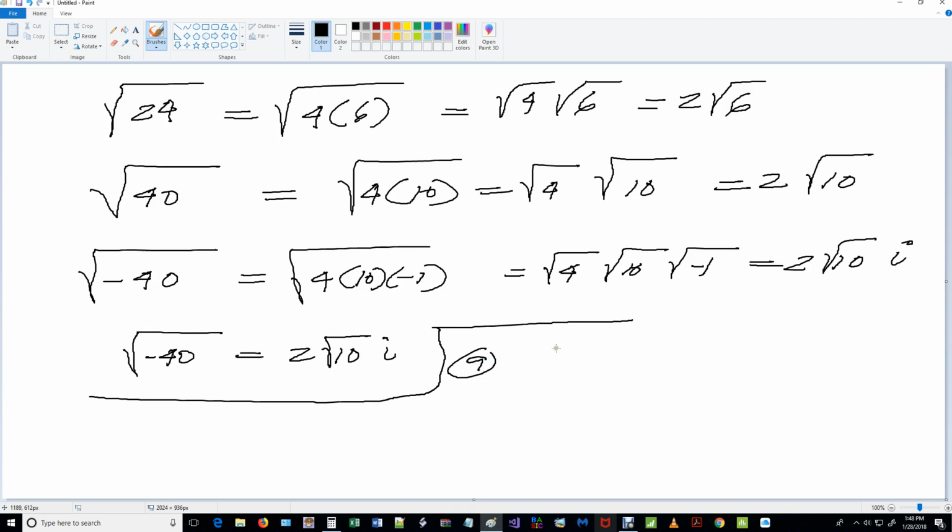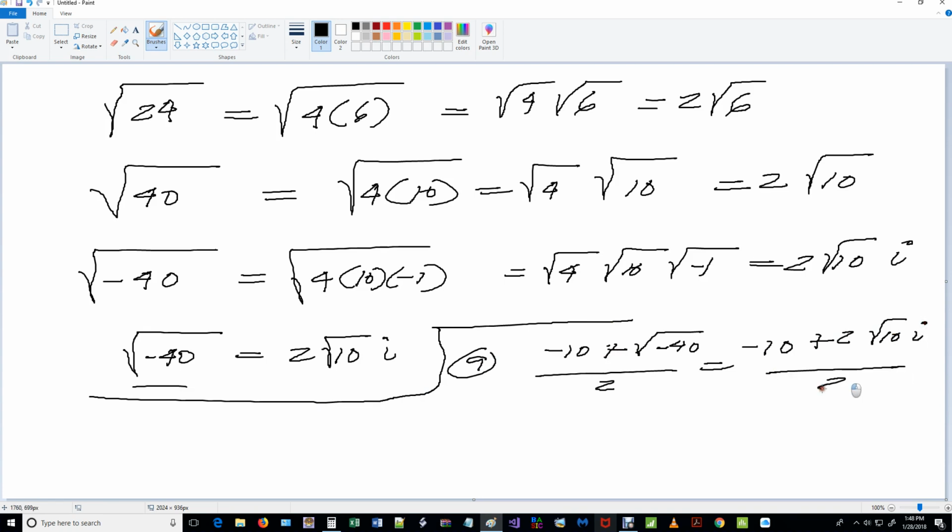We are going to simplify (-10 plus the square root of -40) divided by 2. Alright, -10, there's nothing we can do with that, plus the square root of -40. Notice the square root of -40 is 2 times the square root of 10 times i, and that's divided by 2.